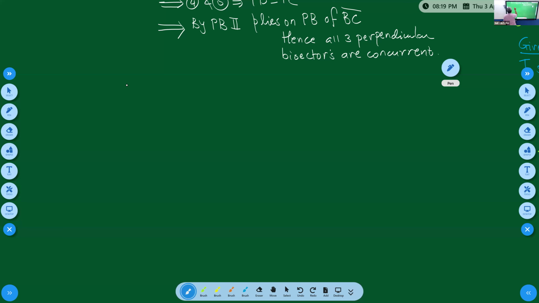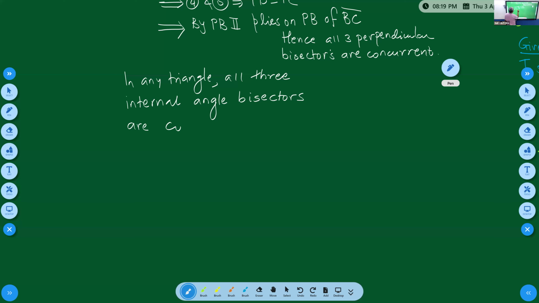In any triangle, all three internal angle bisectors are concurrent.